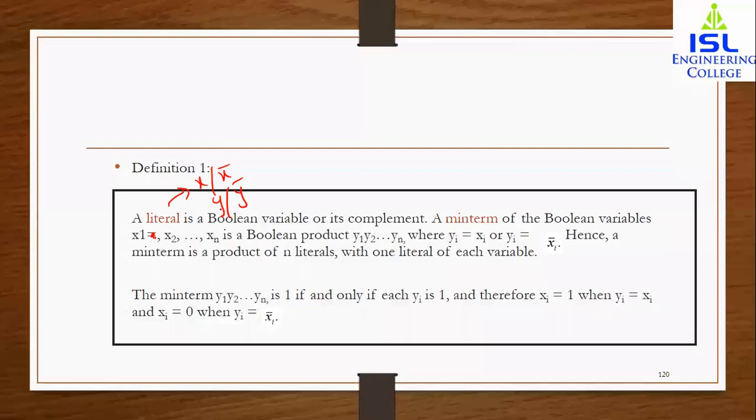The minterm is 1 if and only if each yi is 1 and therefore xi is 1. So basically your minterm will be 1 when each and every term yi is 1, and obviously then xi will also be equal to 1, because your condition is yi is equal to xi, and xi will be equal to 0 when yi is equal to xi bar.